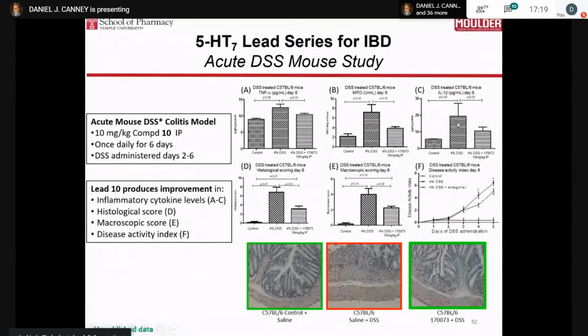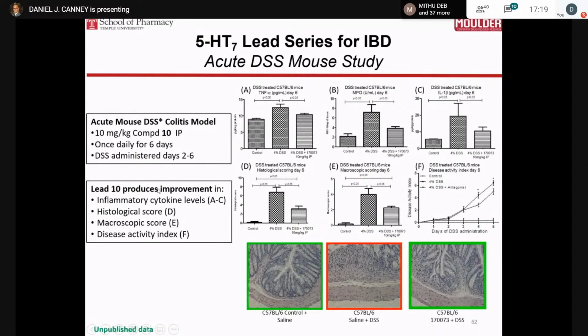You can see that the compound we're calling 073 here knocks down the interleukin 1 beta. And then if you look at the histologic scoring, macroscopic scoring, again, significant reductions in those scores.